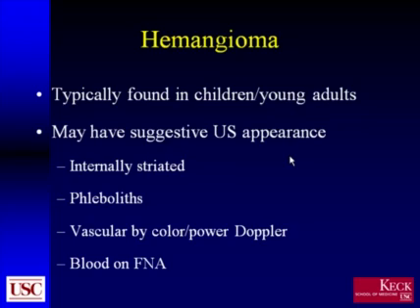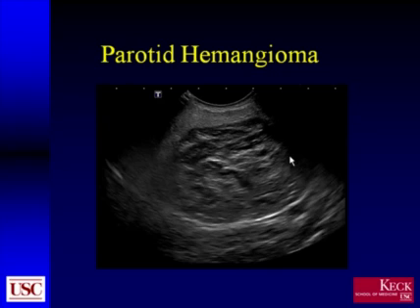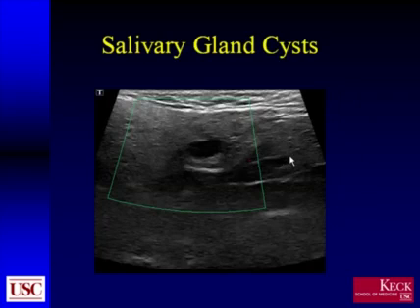Interestingly enough, these are difficult to diagnose with FNA because oftentimes the aspirate will simply yield a large amount of blood. This was a young man with a parotid hemangioma. You can see again that internally striated appearance, well circumscribed, and by color and power Doppler relatively vascular.